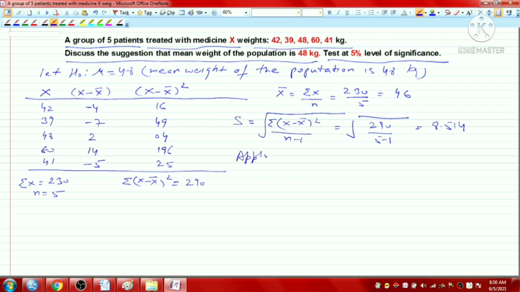Now applying the t-test, the t-stat formula is: t equals sample mean minus population mean divided by standard deviation over under root of number of observations, which equals 46 minus 48 divided by 8.514 over under root 5, approximately equal to minus 0.525.